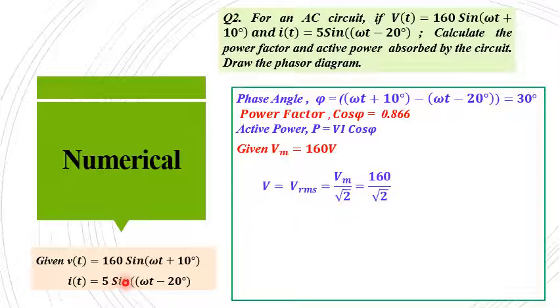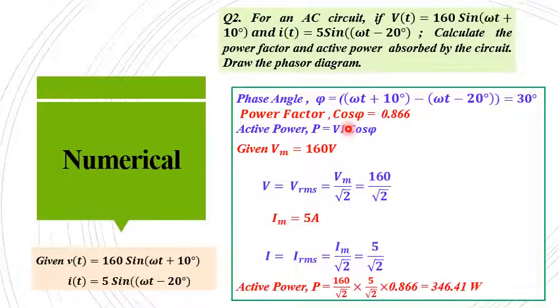Similarly, from the instantaneous value of current, we get Im as 5 amperes. So Irms will be Im by root 2, that is 5 by root 2. Substituting these two parameters in the equation for active power, we get P equal to 160 by root 2 into 5 by root 2 into 0.866. That is equal to 346.41 watts.